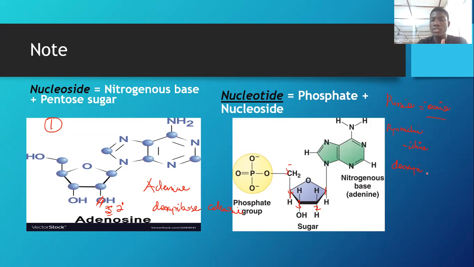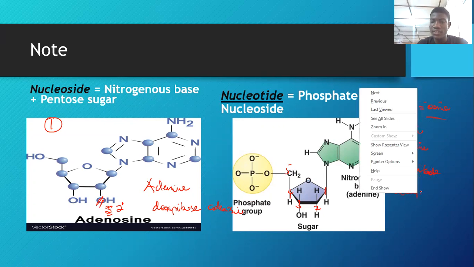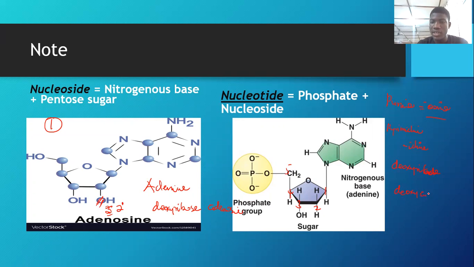And then we said that the nucleotide is a purine, so it will take the O sign. So deoxyribose, okay? So we are picking out the ribose, and we are saying deoxyadenosine 5 monophosphate.